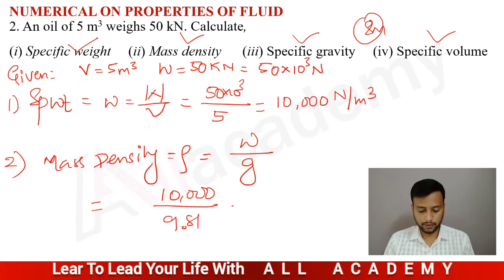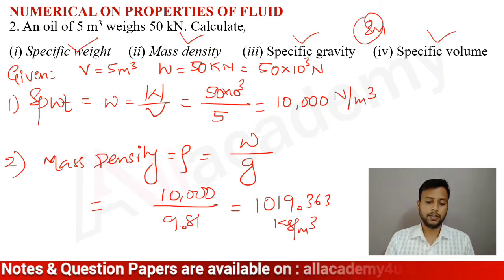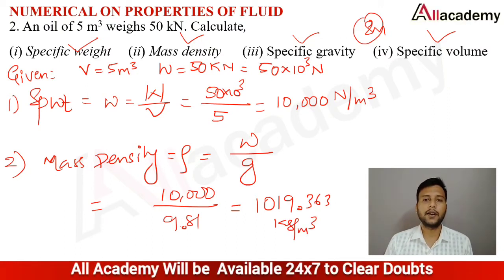You will get the answer around 1019.363 kg per meter cube. So this is your answer, 10,000 divided by the gravitational constant.